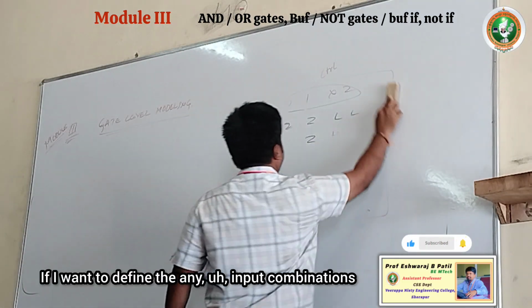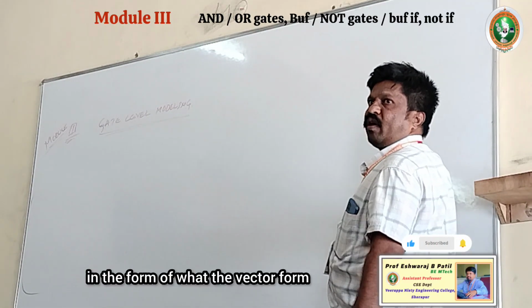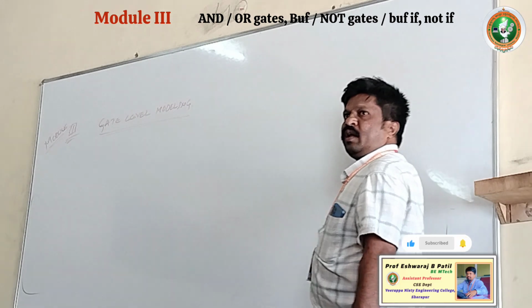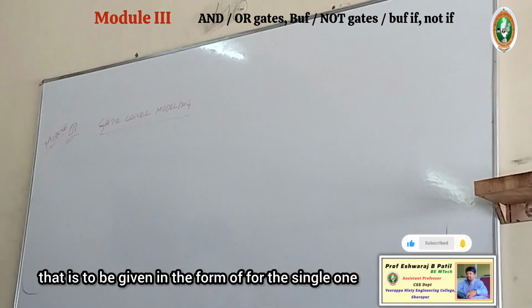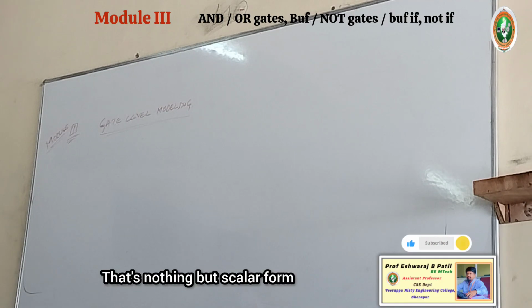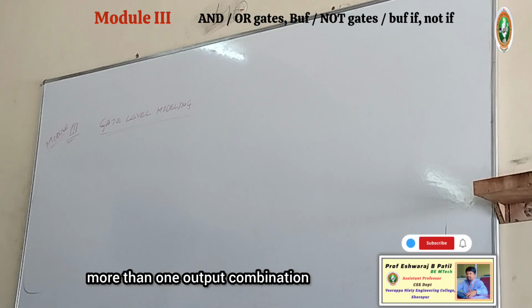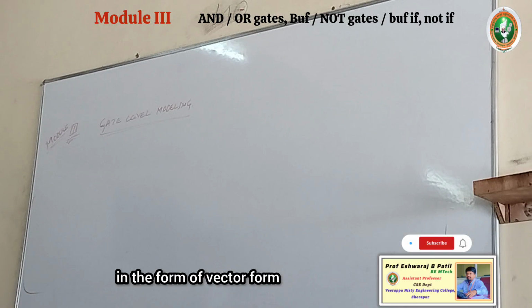If I have only one input or output, it is given as a single one, not in vector form; that is scalar form. If I have more than one input combination or output combination, then I have to define them in vector form.